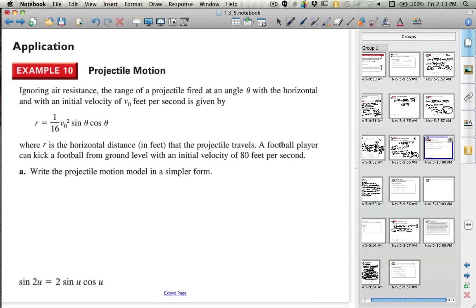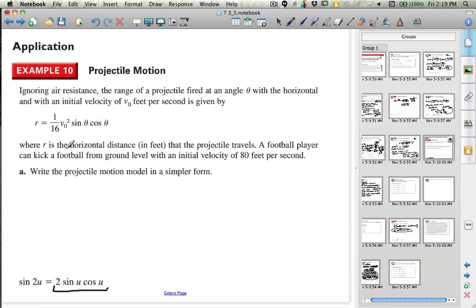All right, now the last thing we're going to work on here is projectile motion. Now, if I take a look at this item, they want me to rewrite this in a simpler form. And you see that if I examine the double angle formula, I could get rid of the cosine if I could write this as a double angle. Right? If I could convert this back into that, if I just had the 2 here.